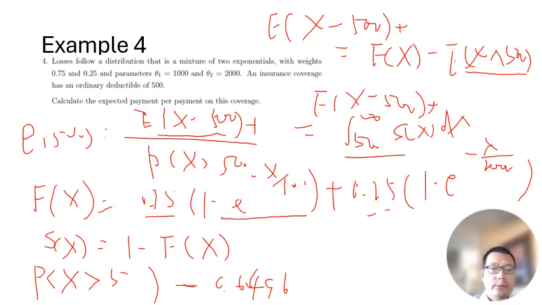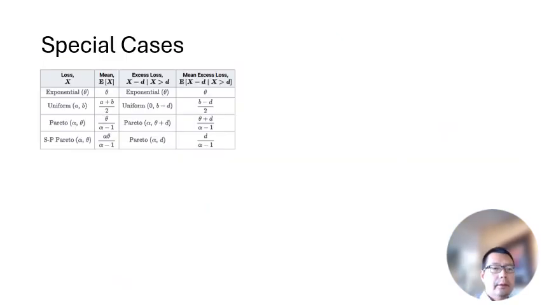Basically, we are just utilizing the knowledge from the mixture together with the knowledge about expected value for payment per payment cases. Then you will arrive at the final answer. Here are some special cases for the mean excess loss.